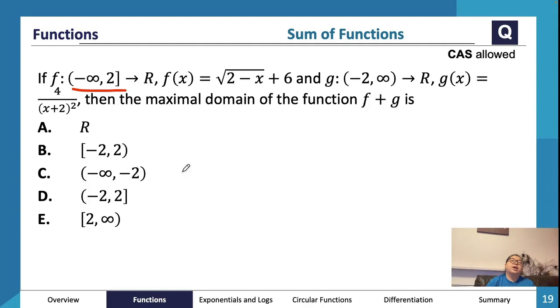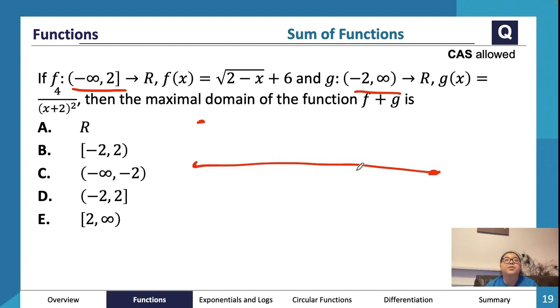Rightio. Okay, so the next domain for g of x is negative 2 to infinity, not excluding both. Then we can draw a little number line to consider what we're doing.